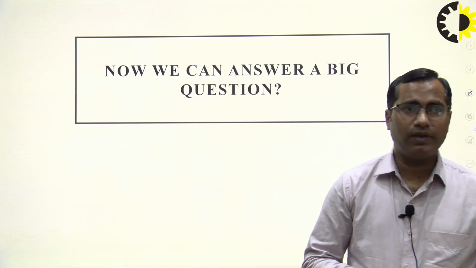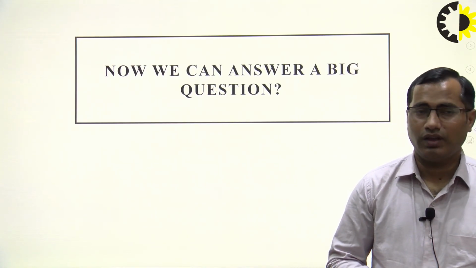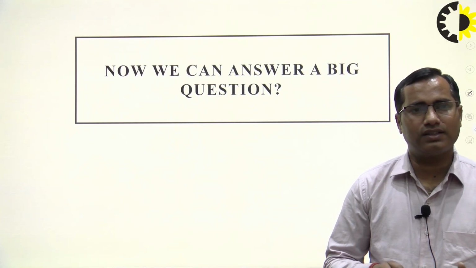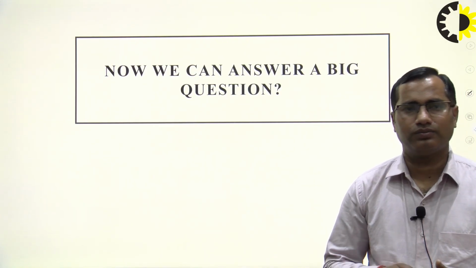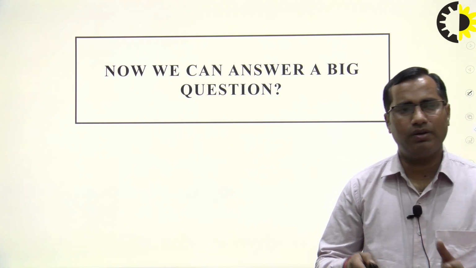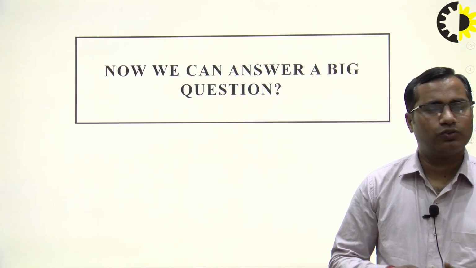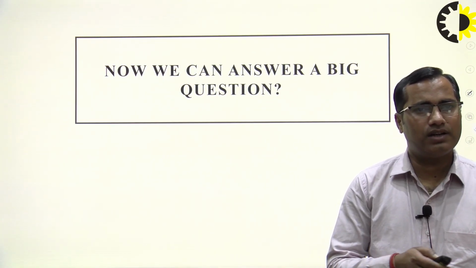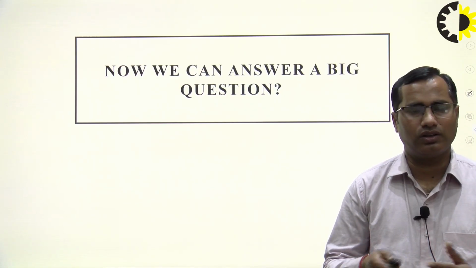Now we can answer a big question. As we have seen, we have maintained a decentralized and distributed ledger. That means once we have entered information, it is immediately available to all the partners. So what we have actually done is move from a central authority to a decentralized authority.